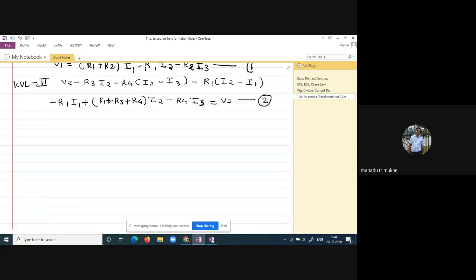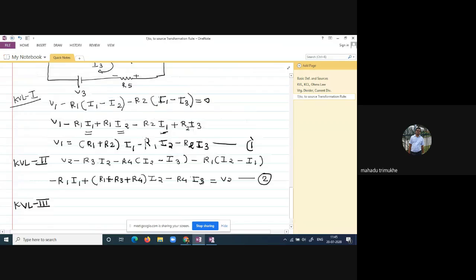Suppose you apply KVL at mesh 3, then what equation will you get? Apply KVL to the third loop. Now tell me what the third equation is. You simplify it and tell me.